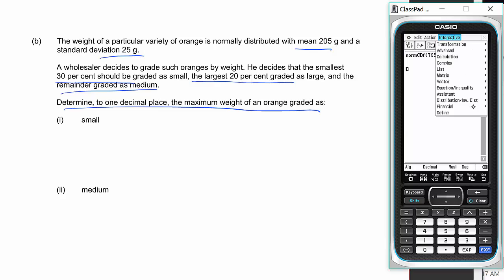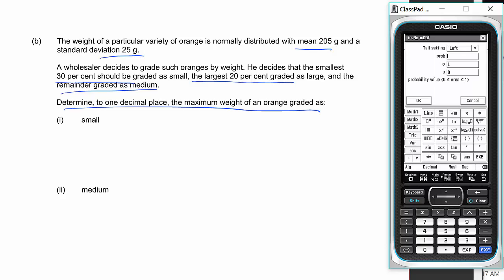So this is an inverse normal, which I'm not completely clear is actually on the syllabus. Clearly it was on the test last year, so I'm going to show you how to do it. We go to the inverse norm, and the smallest 30% would be to the left. Remember what the normal distribution looks like. The smaller values are down here, so that's why it's to the left.